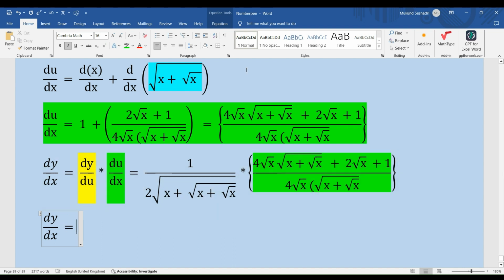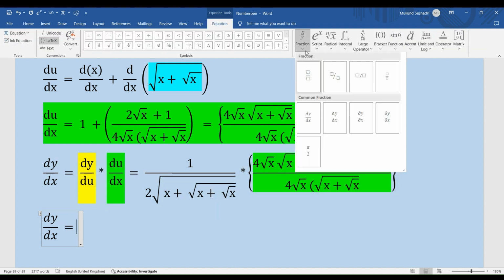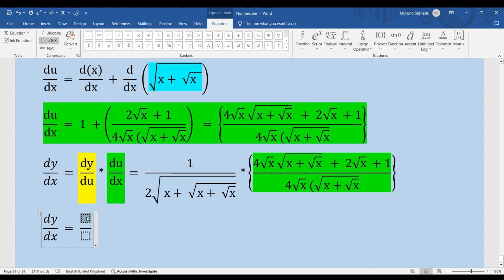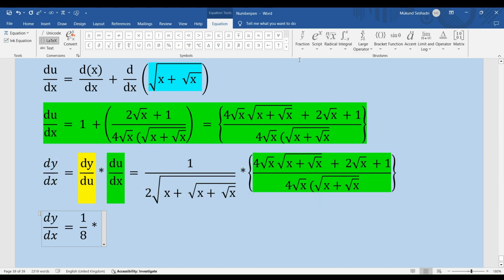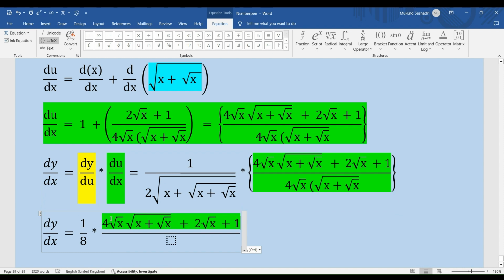My dy by dx is 1 by 8 into, and let me write this down in the order of complexity, right? So my numerator does not change. So let me copy the numerator as it is. And then my denominator, we already have an 8. And then we have a root x.